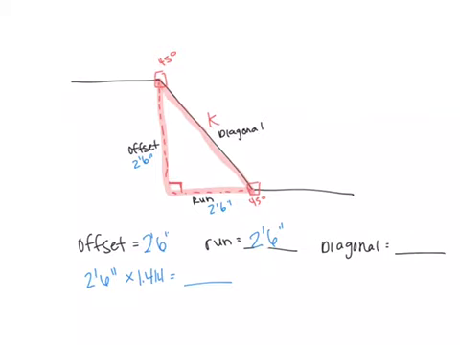Because I don't know how to type 2 feet 6 inches into my regular calculator, I am going to convert this number into strictly inches. We know 2 feet is 24 inches, plus we have 6 more inches. 24 plus 6 is 30 inches. So this is the same thing as 30 inches times 1.414. If I multiply 30 by 1.414, I'm going to get some number, and that number would be the size of my diagonal, center to center.